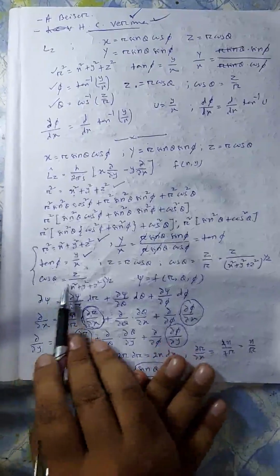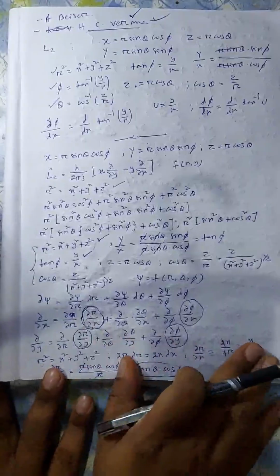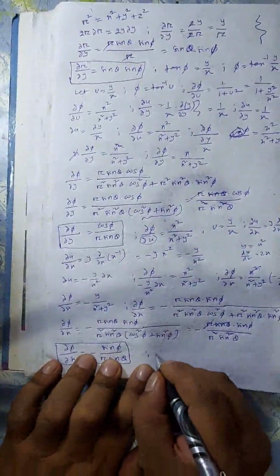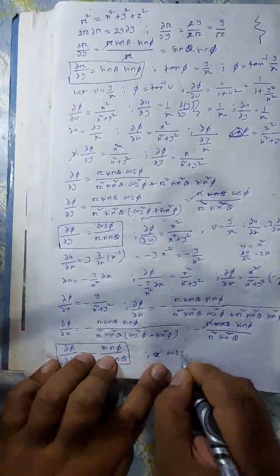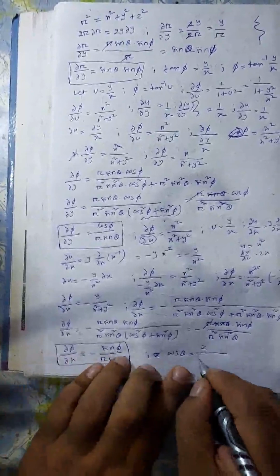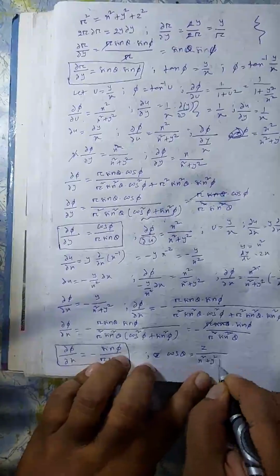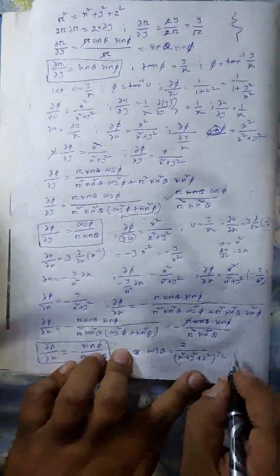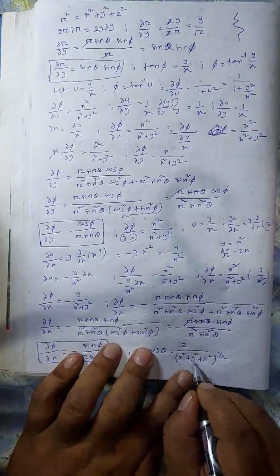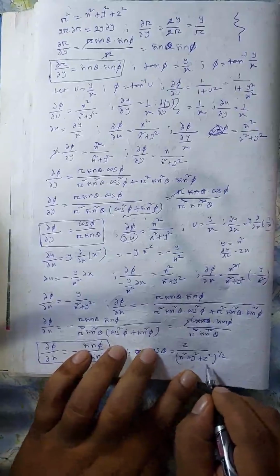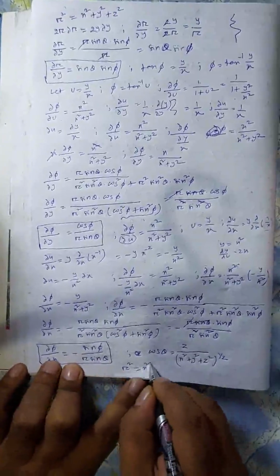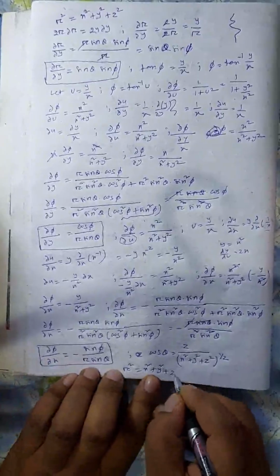We take cos θ is equal to z by (x² plus y² plus z²) to the power half. This one is equal to r², r² is equal to x² plus y² plus z². We know that r² is equal to x² plus y² plus z².